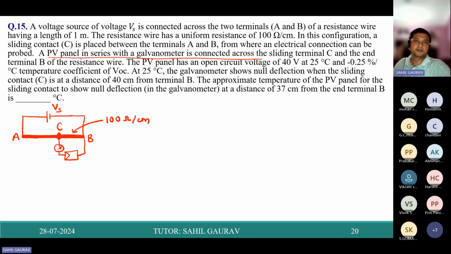The PV panel has an open circuit voltage given as VOC at 25 degrees Celsius equal to 40 volt, and this alpha V is given as 0.25 percent per degree Celsius. At 25 degrees Celsius, the galvanometer shows no deflection when the sliding contact is at a distance of 40 centimeters from terminal B.